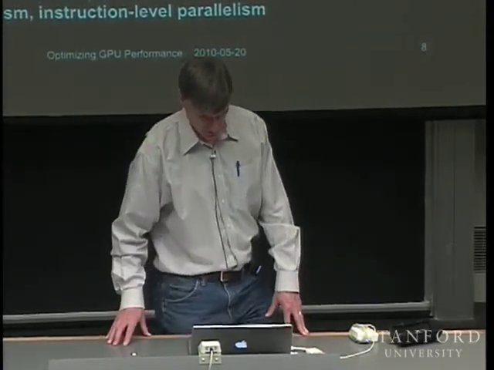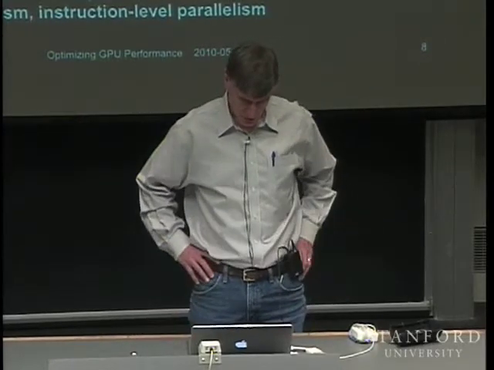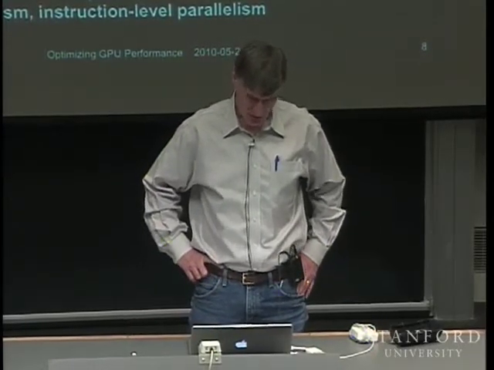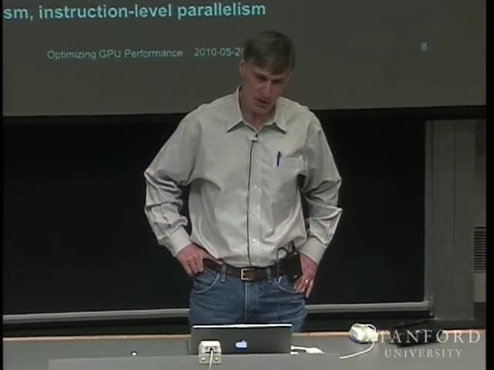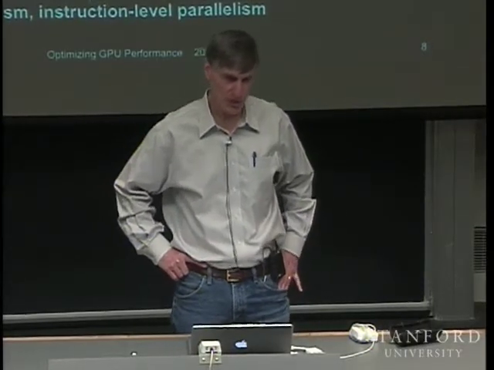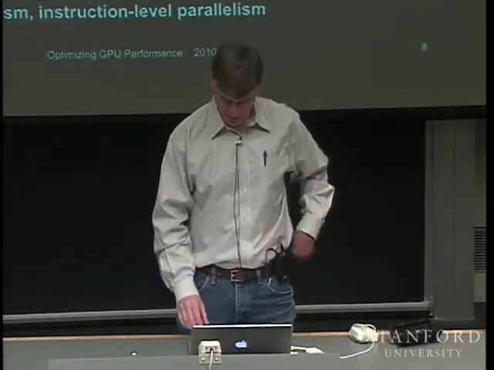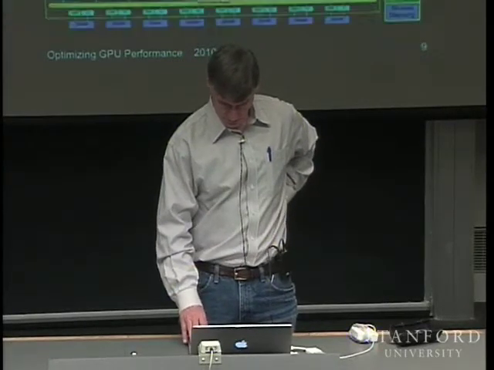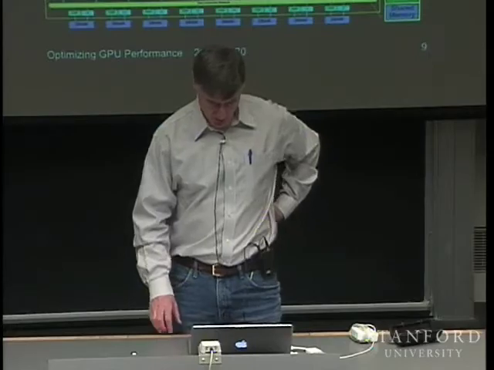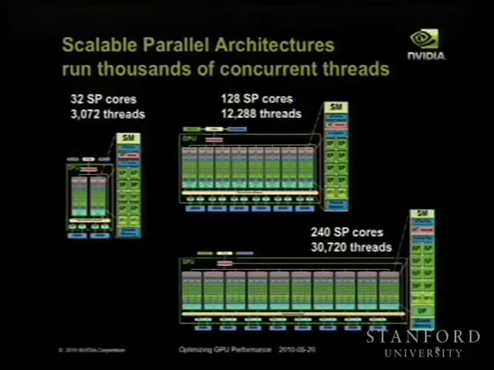The other factor that's interesting to note here, we'll get into defining what a warp is, but it's probably good to define thread blocks to be a multiple of 32 threads, just because that's the unit of execution. It's 32 threads at a time. So if you look at some different size GPUs, here's a small GPU with 32 cores in it.